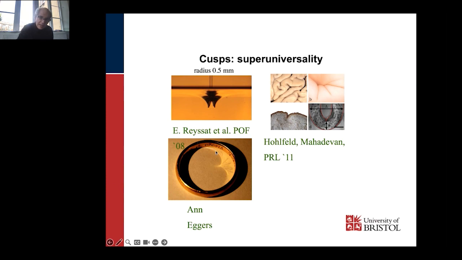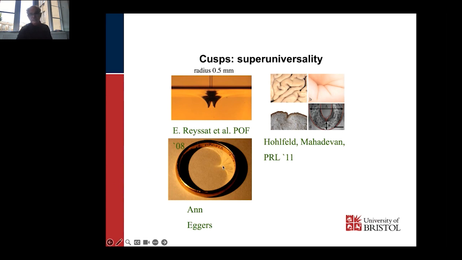Caustics are these lines of very high intensity when light is focused in a natural way. And the most prominent singularity, the most prominent caustic one finds is this line here, which again ends in a cusp.